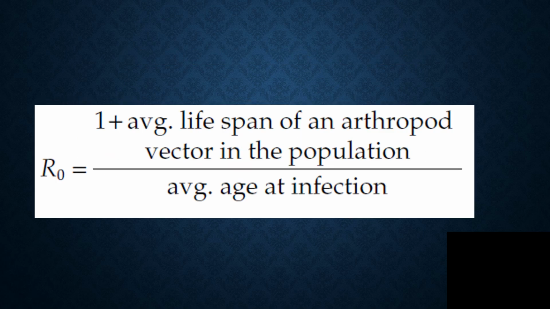Another way is using the average lifespan of an arthropod vector in the population over the average age at infection. Throughout these next few slides, we're going to be talking about a few equations as far as how we can calculate specificity or sensitivity.